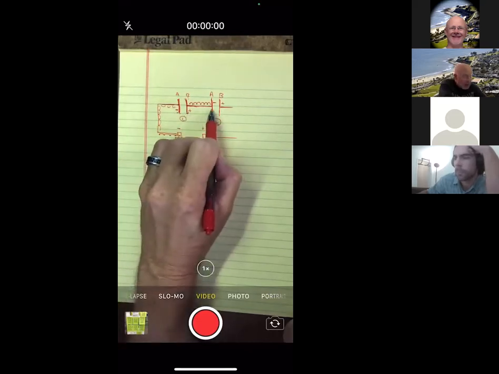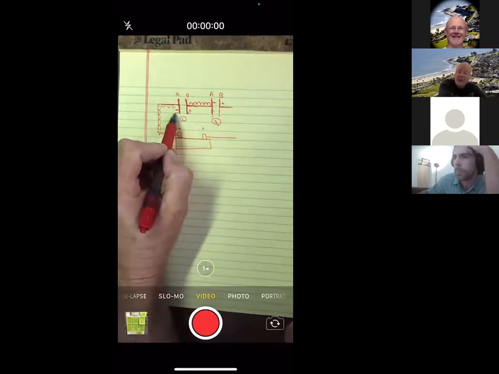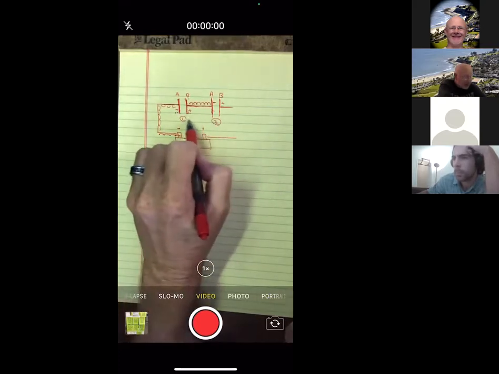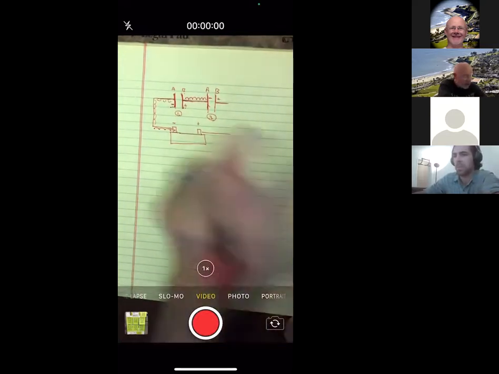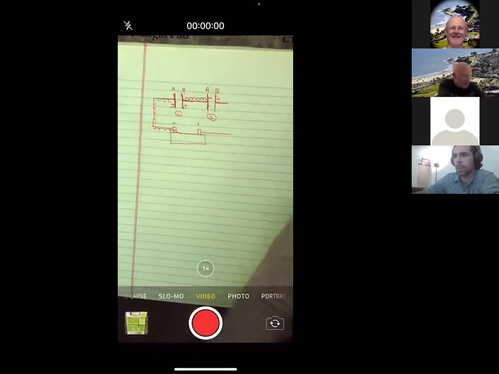So A will have the same amount of charge that left B, which is the same as A of number 1. So that means these two capacitors are going to end up with the same charge on them. There's no other way to get it. The charge on number 2 comes from number 1.